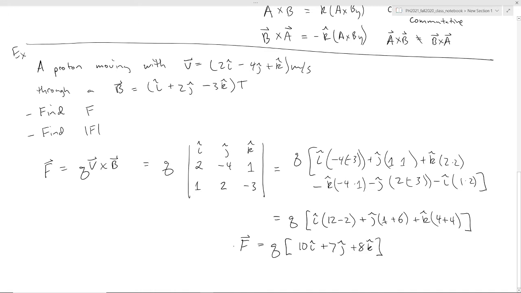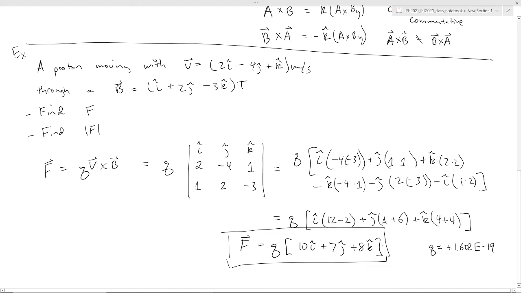So this is our force, and we could factor through the factor of q, which for a proton would be positive 1.602 times 10 to the minus 19. And this would be the force written in component parts. So that's what we were looking for.